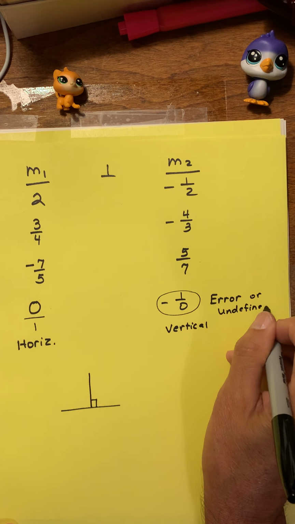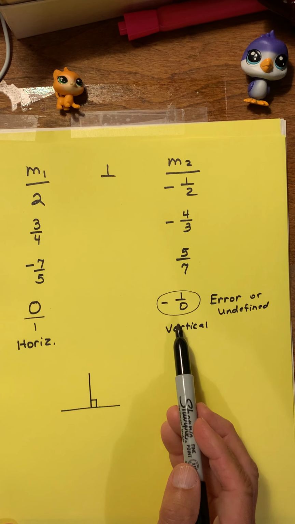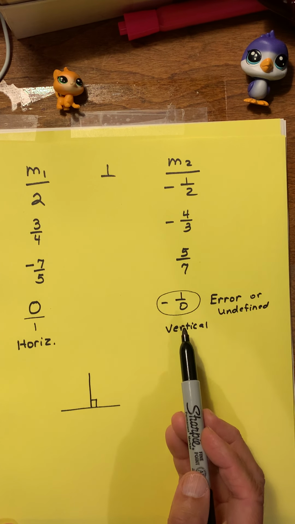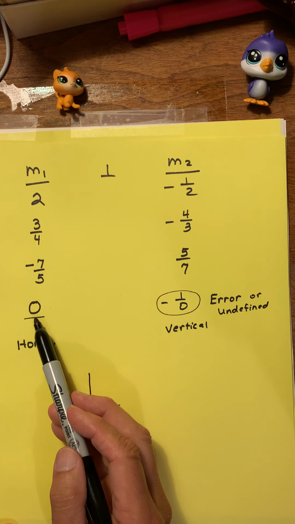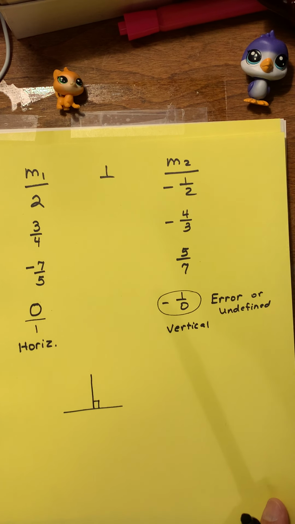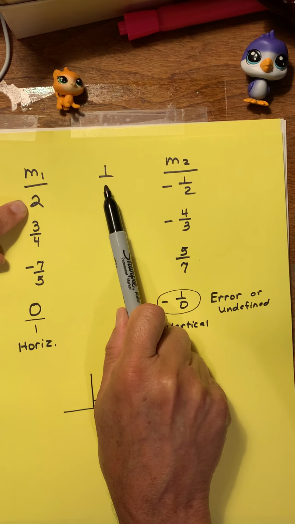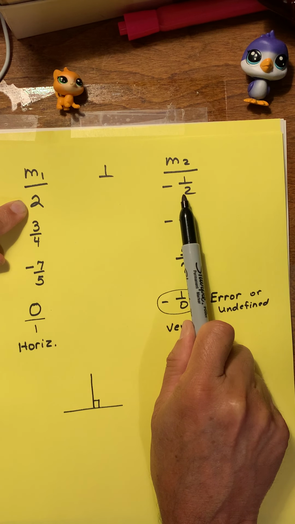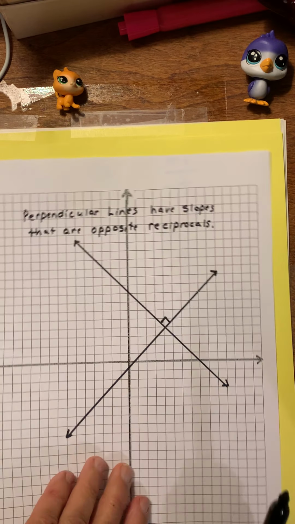So this is the one example where there is no actual number for the negative reciprocal of a number. 0 is the one exception. So if I know the slope of a line and I know a second line is perpendicular to it, I can find its slope by taking the opposite reciprocal.